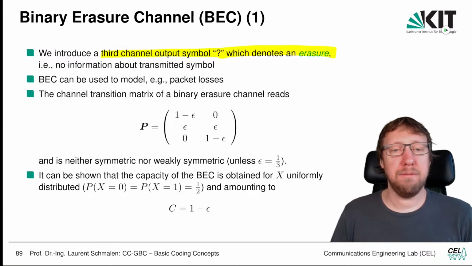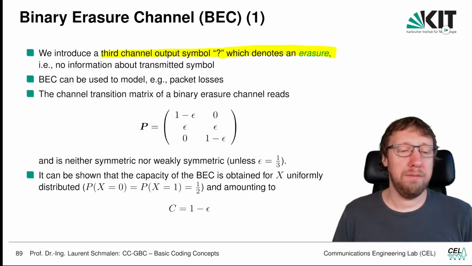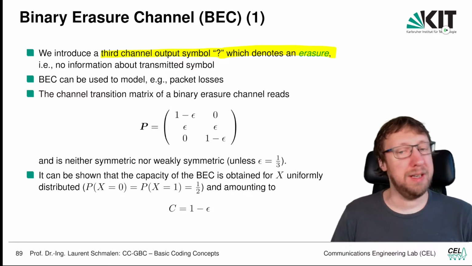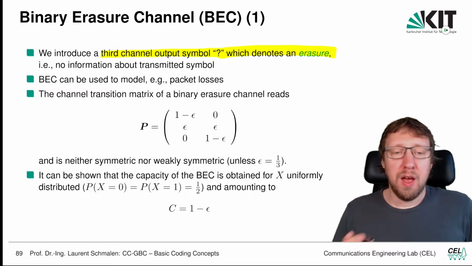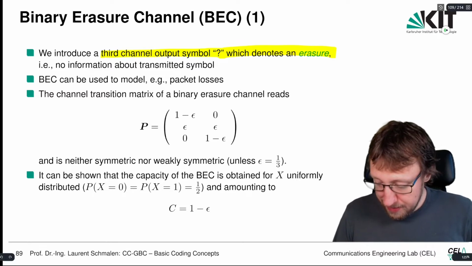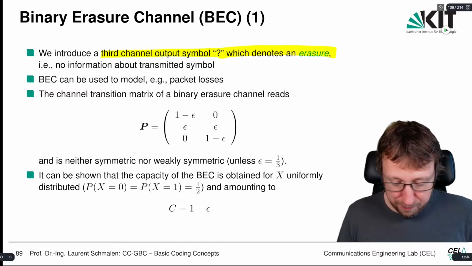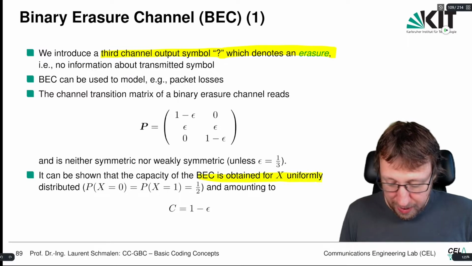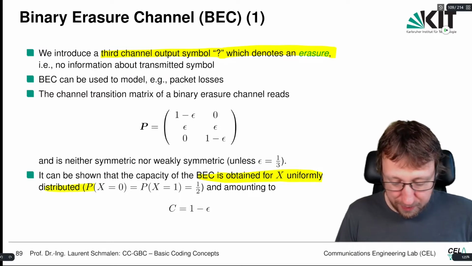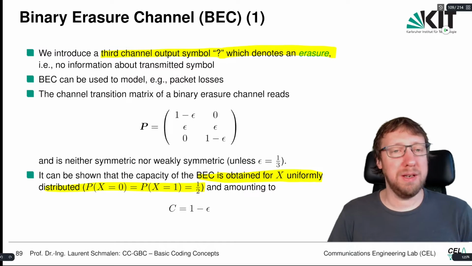So we have no symmetricity. But we can calculate the capacity of the binary erasure channel, and we obtain the capacity if x is uniformly distributed.